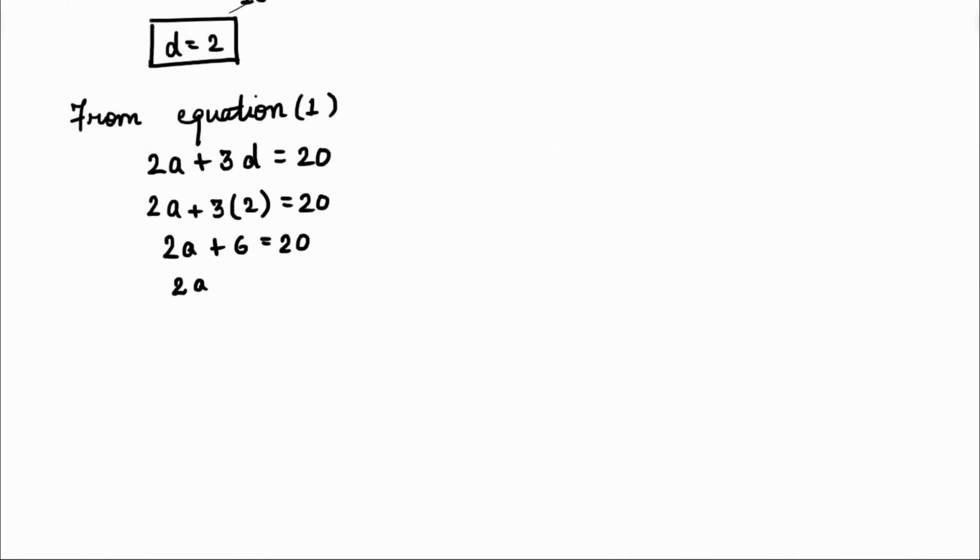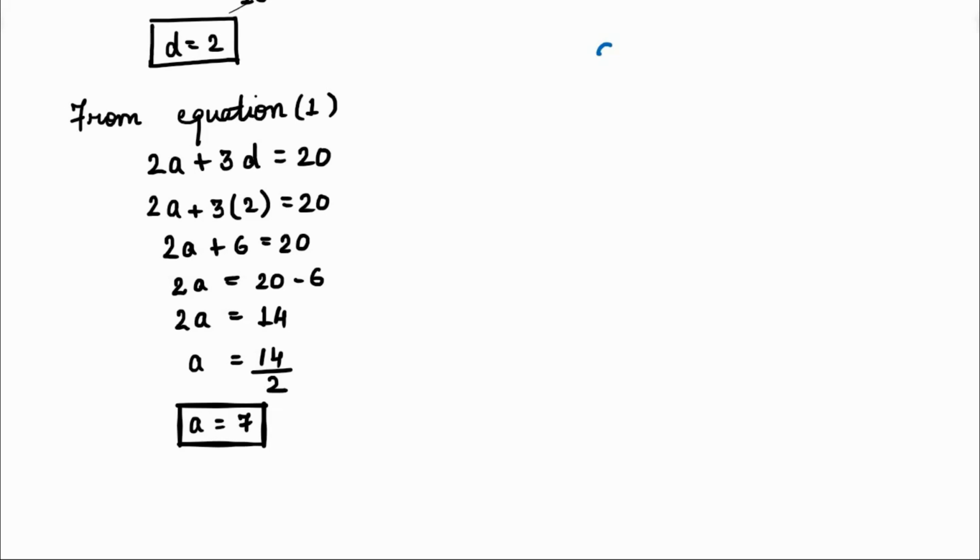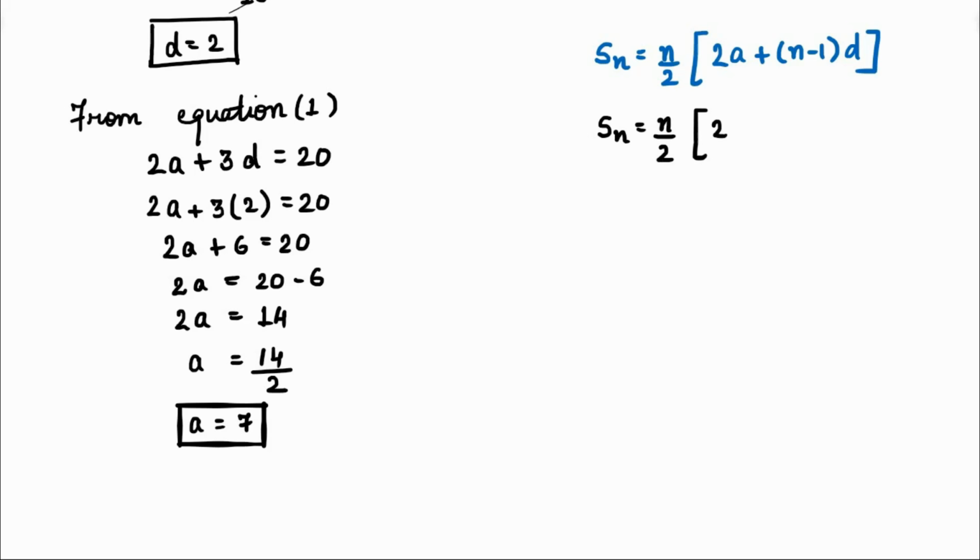And 2a equals 20 minus 6, which gives us 2a equals 14. And finally we get the value of a as 14 by 2, which is 7. So now we have the value of a with us and we also have the value of d with us. So we can easily calculate the sum of the n terms of the AP. Using this general formula for the sum of n terms, I'll substitute the value of a and d here. So our a is 7 and the d is 2.